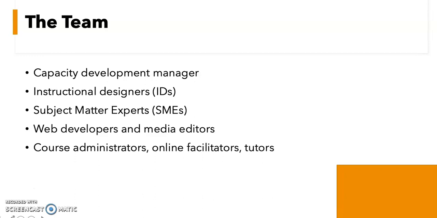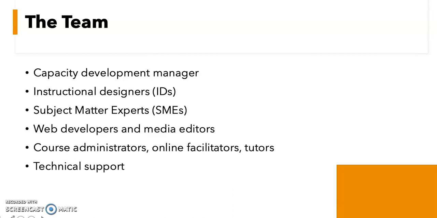And finally, there are course administrators or online facilitators. So these are the people who manage the actual learning experience. They directly engage with the participants and they motivate participants to constantly interact with the material and to actually engage with one another to make the learning experience more meaningful.